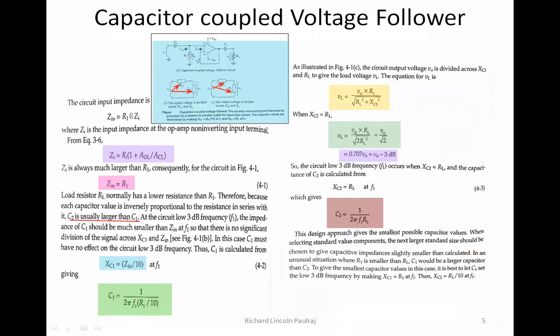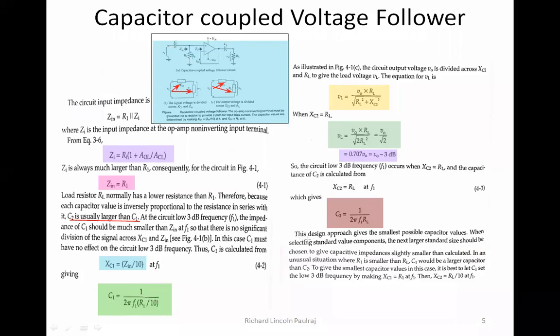Because R1 was bigger. So R1 was bigger and C1 was small. But here it was the reverse case at the output side. So hence we are not taking the divide by 10 factor, right?